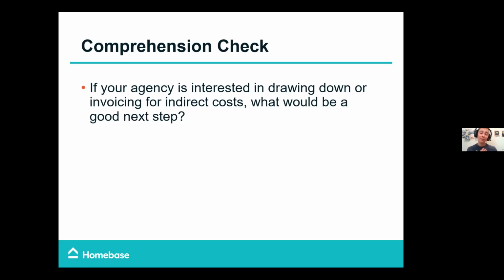Should you reach out to us for more information? Should you maybe consult an accountant or an auditor that has specific expertise in federal grant compliance and knows 2 CFR 200 like the back of their hand? Should you maybe reach out to the field office to talk about what they recommend as next steps? Or could you do any of the above or all of the above? I'm going to give you a chance to weigh in there on this really sticky, controversial question that we've put up.